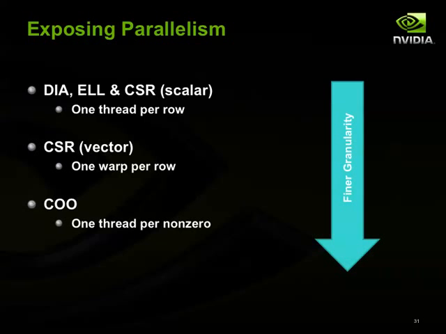And lastly, we had the coordinate kernel where we used 1 thread per non-zero. So if you think about it, these have increasing granularity as we go from top to bottom. There's 32 times as many threads working on a row from the CSR vector to the ones on the top. And the COO uses the most possible threads you can imagine using because it's using 1 per non-zero entry. It's kind of hard to think of how you'd use more than that.